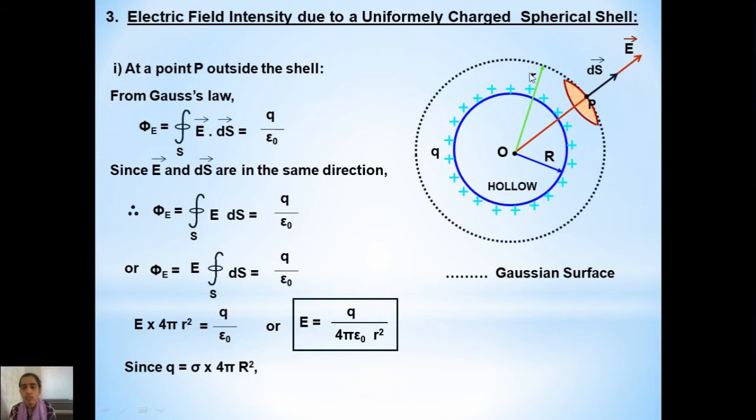Therefore, the charge distributed over the surface will be sigma into 4 pi R square.